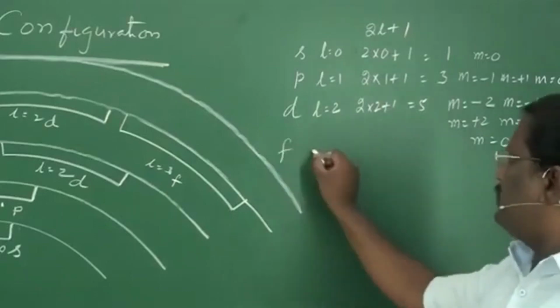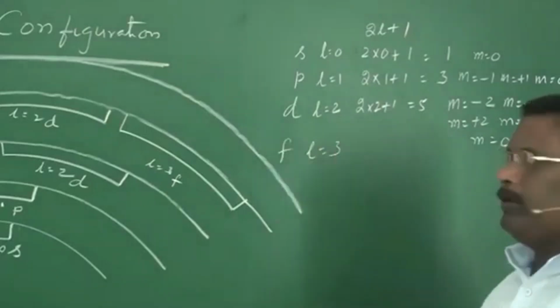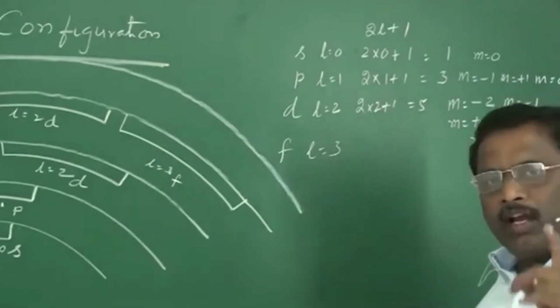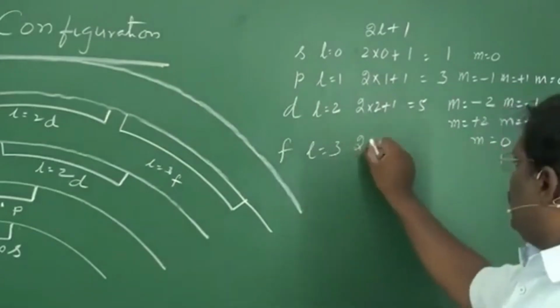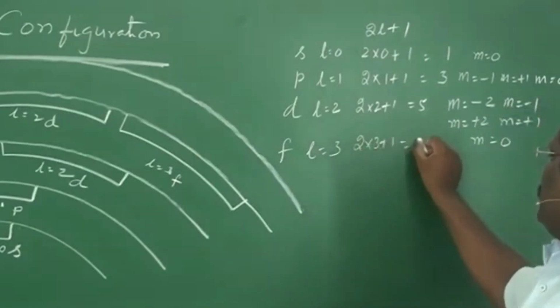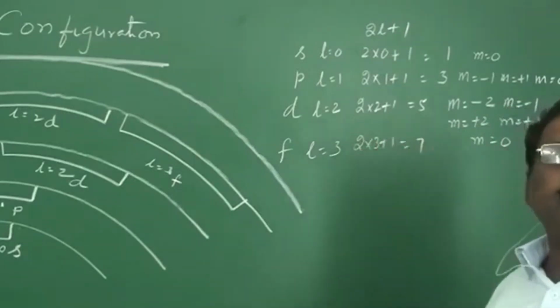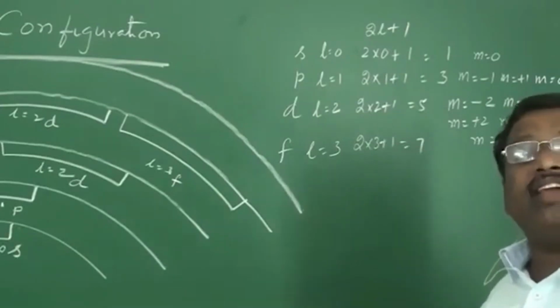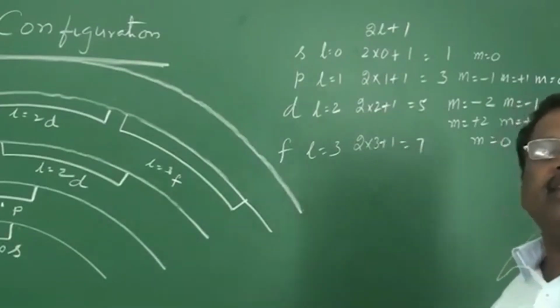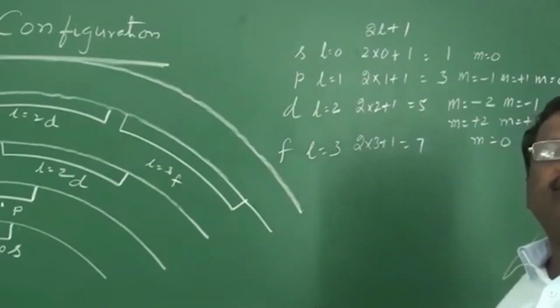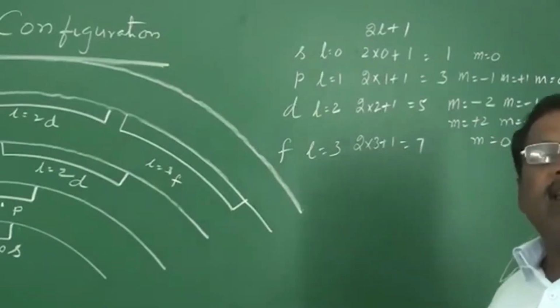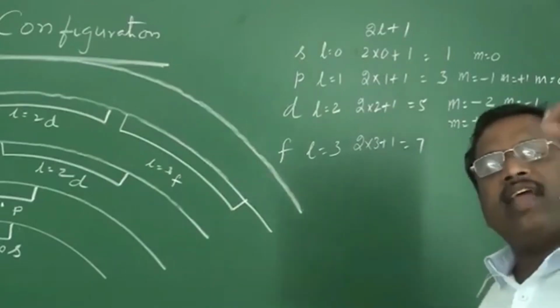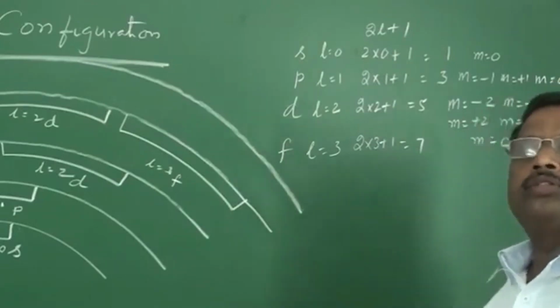Similarly, for F sub-energy level, L is equal to 3. So there are 2 into 3 plus 1 is equal to 7 orbitals. There are 7 F orbitals present in each F sub-energy level, and they have 7 m values.